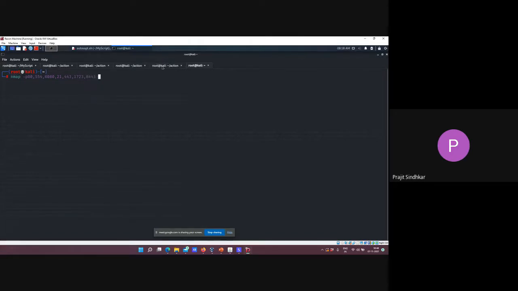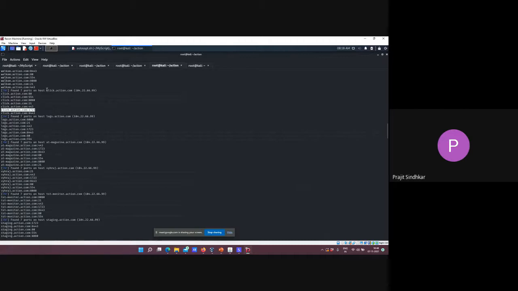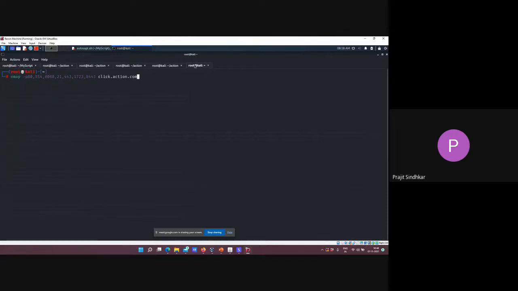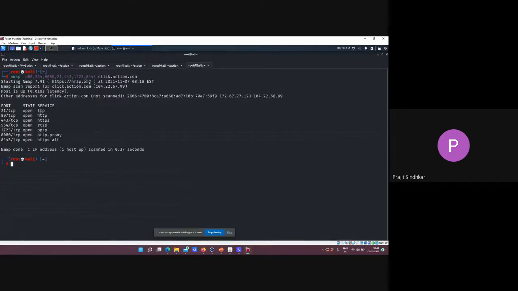Okay, and then I will specify my target, the subdomain on which it is given. Okay, so it is showing 21 open FTP, 80 open HTTP, 443 open HTTPS, 5543 RTSP, HTTP proxy. See, I told it is for HTTP proxy, and 8443 HTTPS-alt.